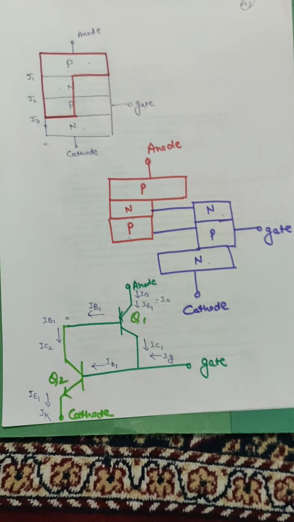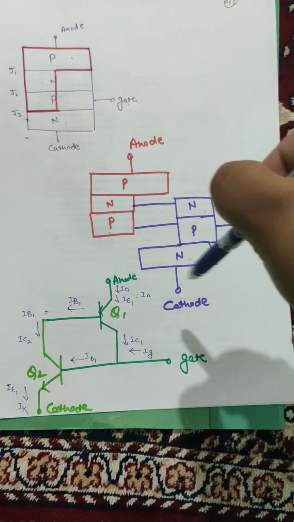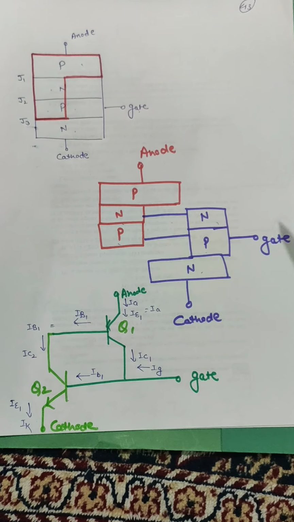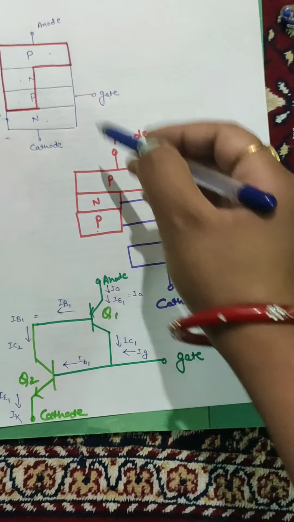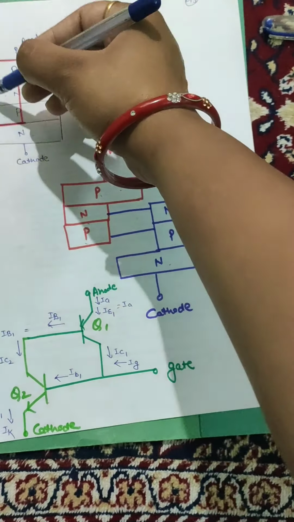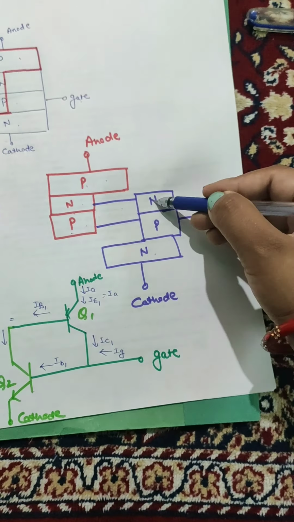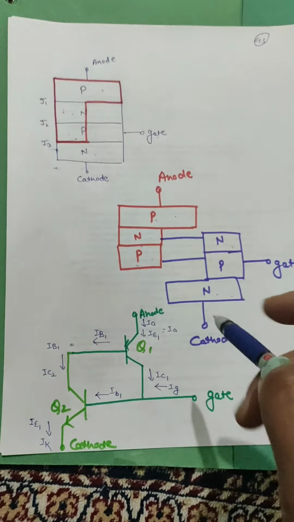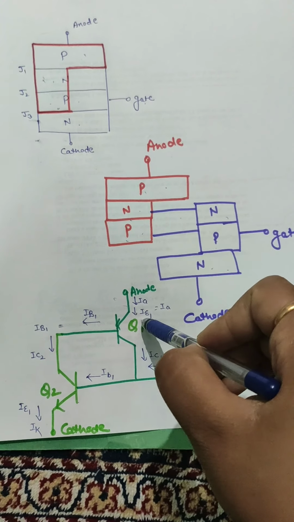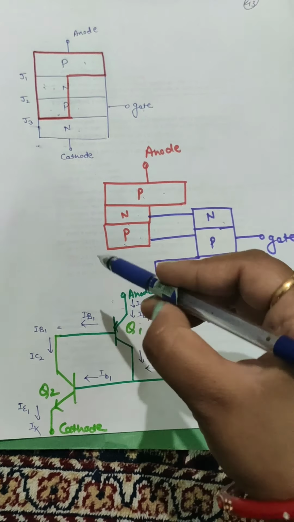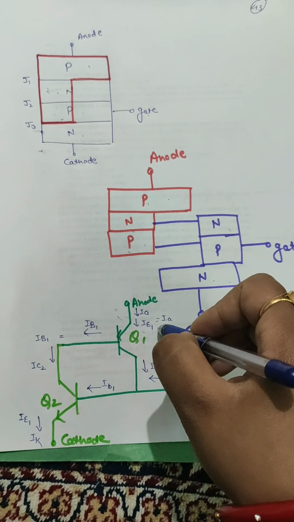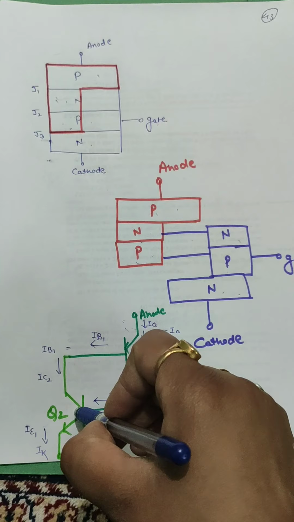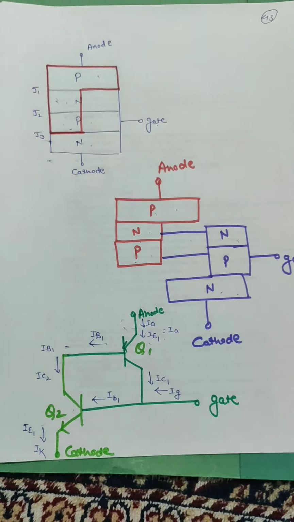This is called the two transistor analogy because it explains the analogy of a PNP and an NPN transistor. This one is the PNP transistor because the arrow mark is inward, and where the arrow is outward, this is the NPN transistor.